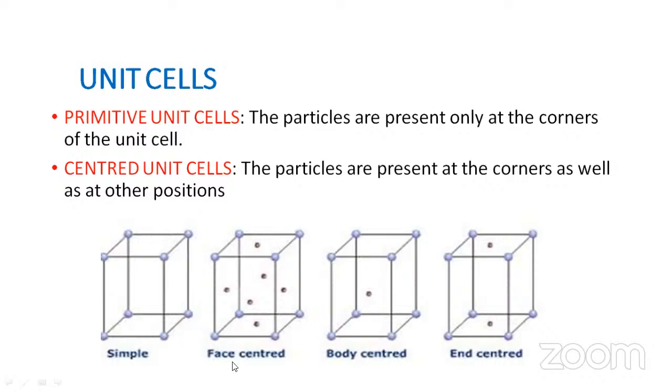Coming here to face-centered, how many faces are there? 6 faces are there. Coming to body-centered, only one particle is present in the middle of the unit cell. And coming to end-centered, one is above the cube and the other one is below the unit cell.